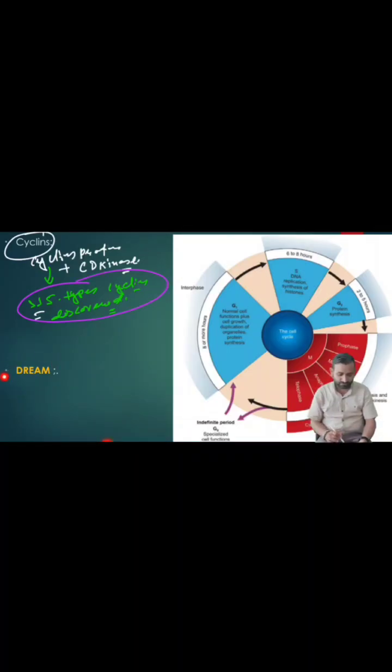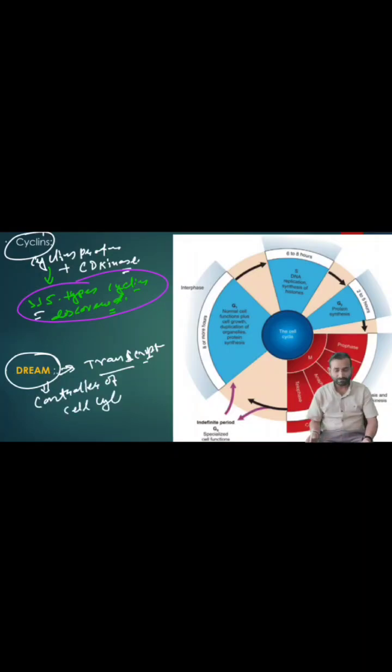And the cell cycle is also driven by the DREAM transcription factors. We consider these DREAM transcription factors as the controller of the cell cycle. How it is the controller has been discussed already in the earlier videos, so you can watch about the DREAM proteins.